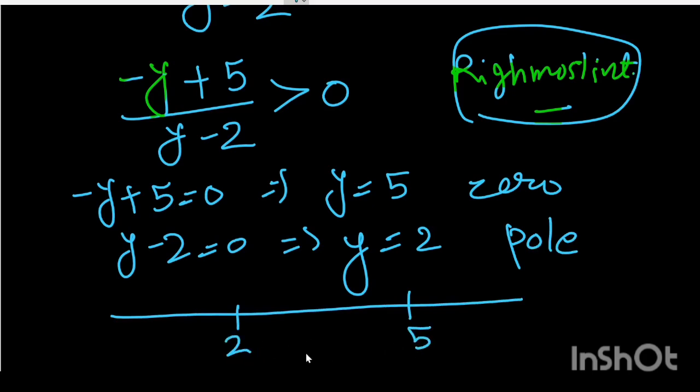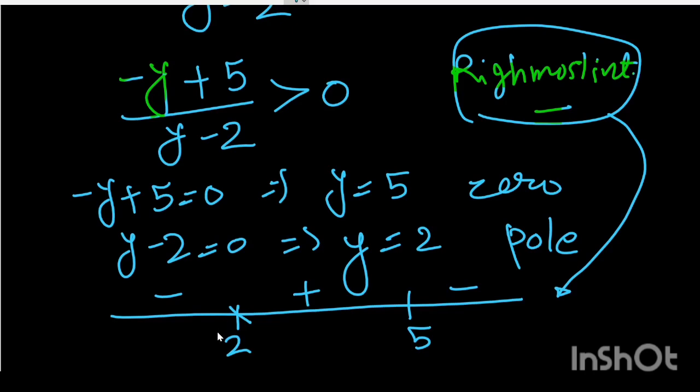Poles won't be included, so we will mark them by a cross. Now as I said, the rightmost interval is 5 onwards, we will mark it by a negative sign, because the coefficient is negative. If an odd number of coefficients are negative, then also we can do this. So minus, plus, minus.